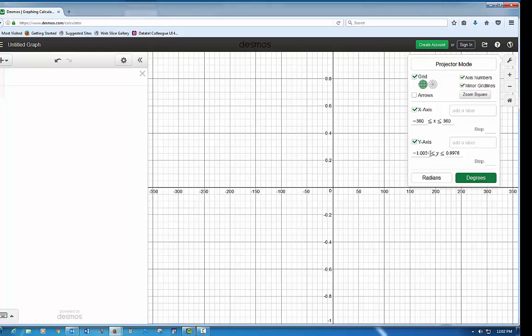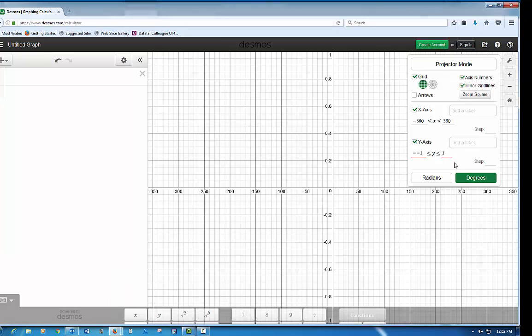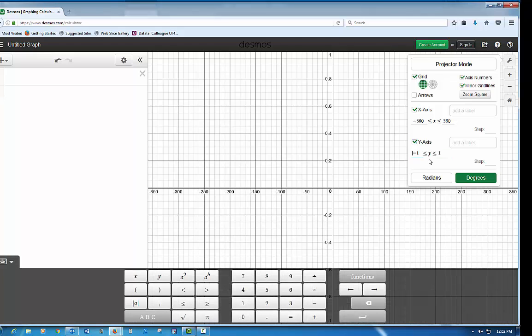And this did this for me, but I'm going to go ahead and change this to negative 1 to positive 1, simply because on sine and cosine, the largest number is a 1 and the smallest number is a negative 1. And tangent is actually sine divided by cosine. So this will give us a reference point to look at.